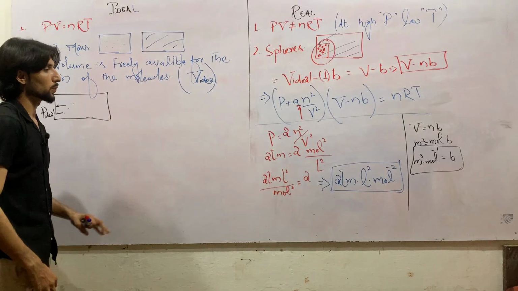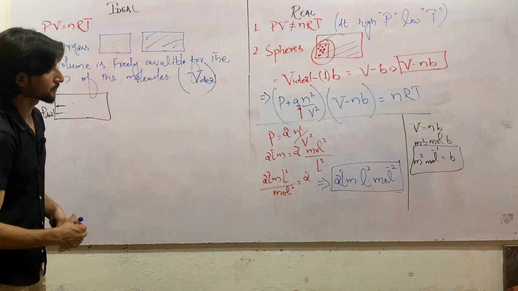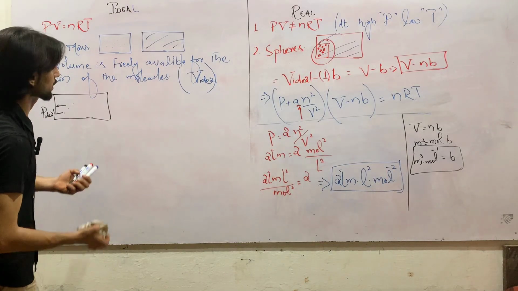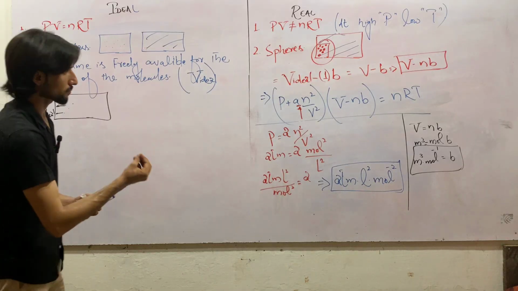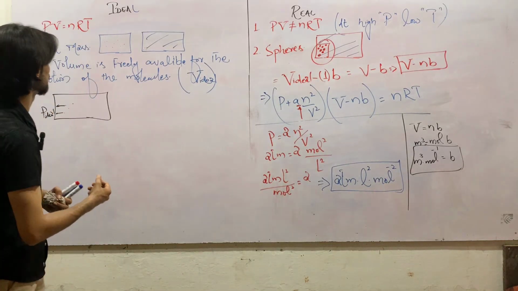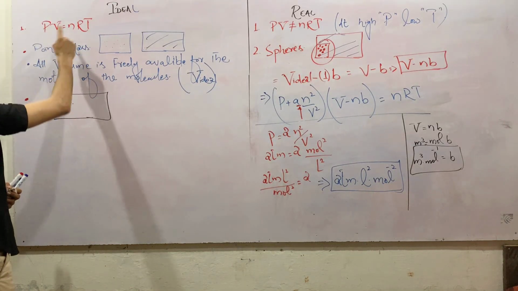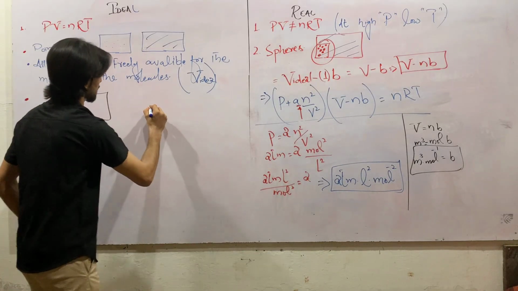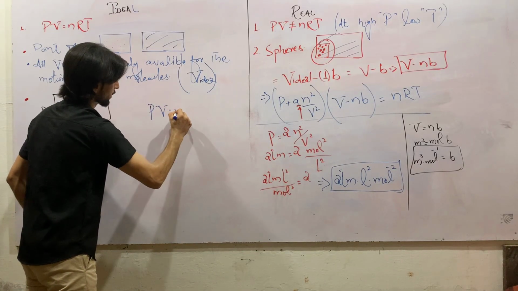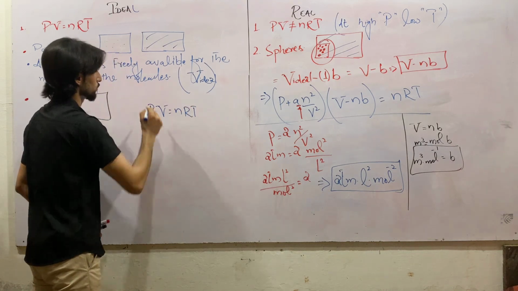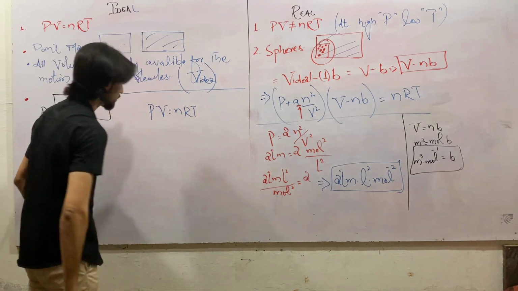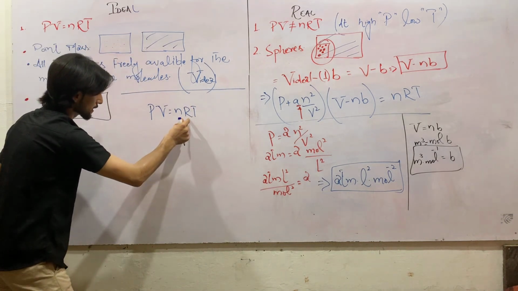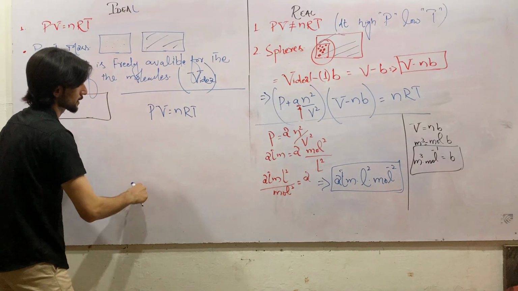Now we will go to compressibility factor and talk about it. So if a gas was following PV equals nRT, this is very obvious. Let me take that equation. PV equals nRT. If a gas was following this equation, what would happen if I take this hand side of the equation to this hand side?